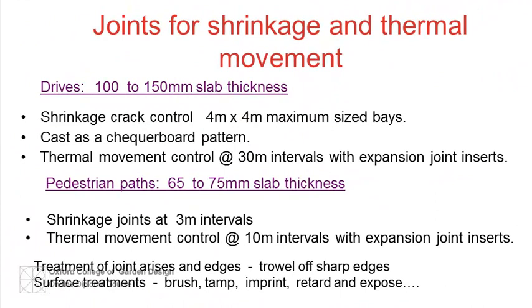There are various techniques for forming shrinkage and movement joints, for instance by casting the concrete in a checkerboard pattern. This allows the initial shrinkage to take place before the adjacent bay is cast.